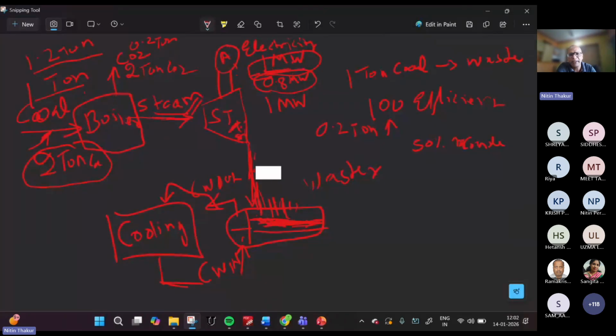Now, this being the case, it might sound really stupid to the chemical engineer: why do you want to burn more coal?